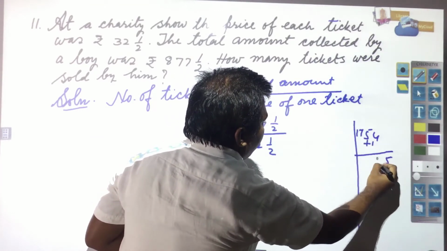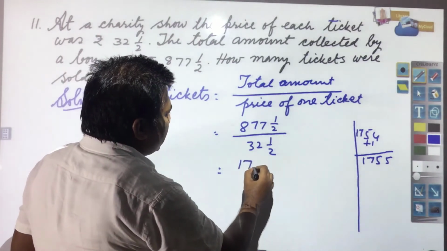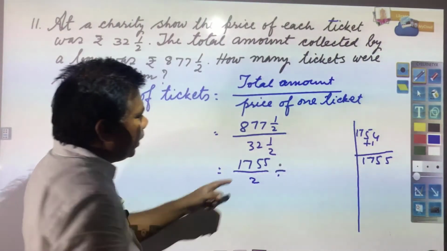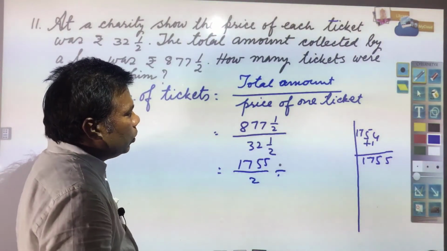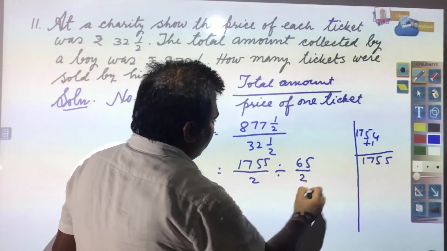So, this will be 55 and 17. So, here you have 1755 by 2 divided by 32, 2 twos are 64 plus 1 is 65 by 2.